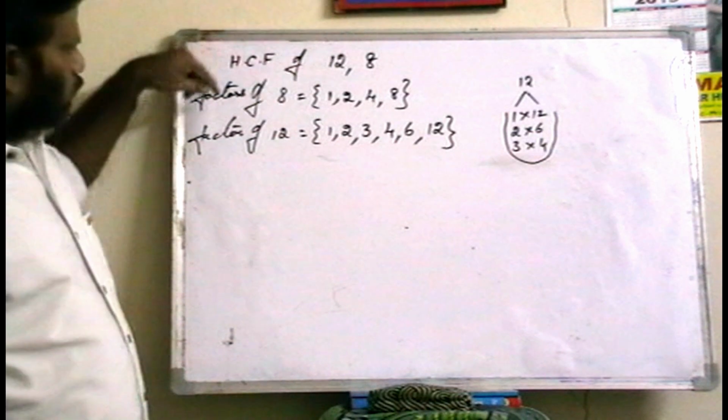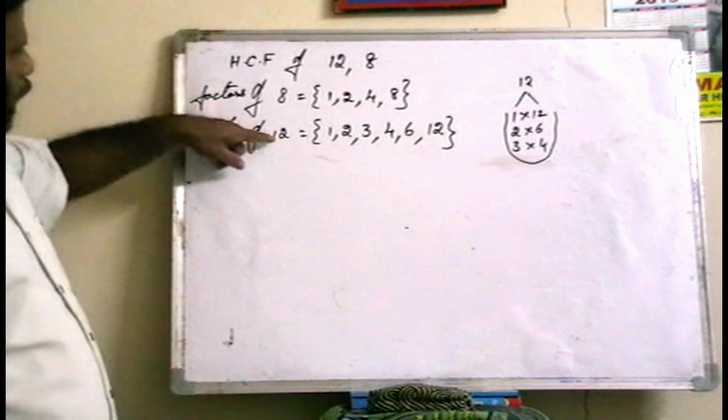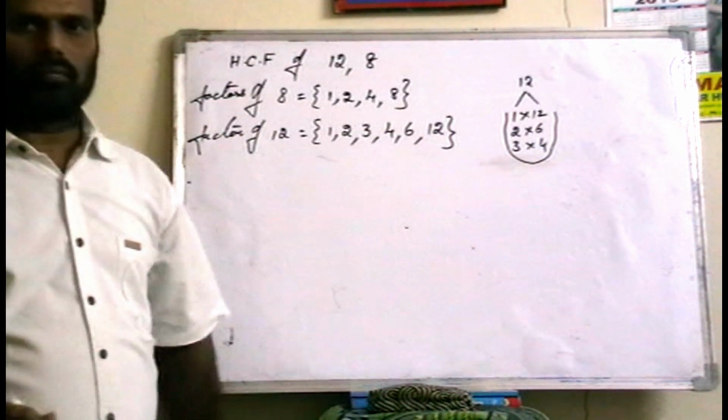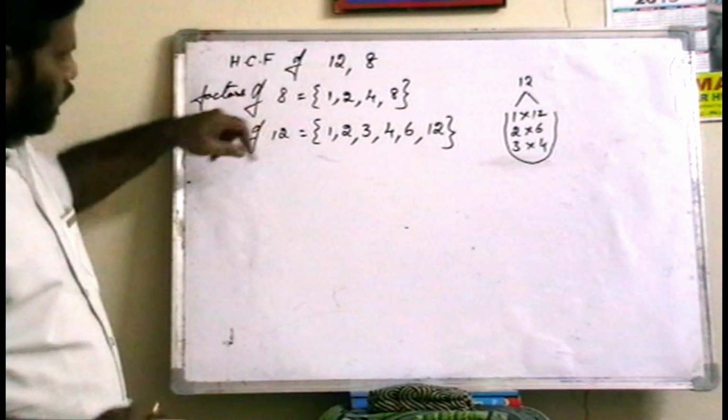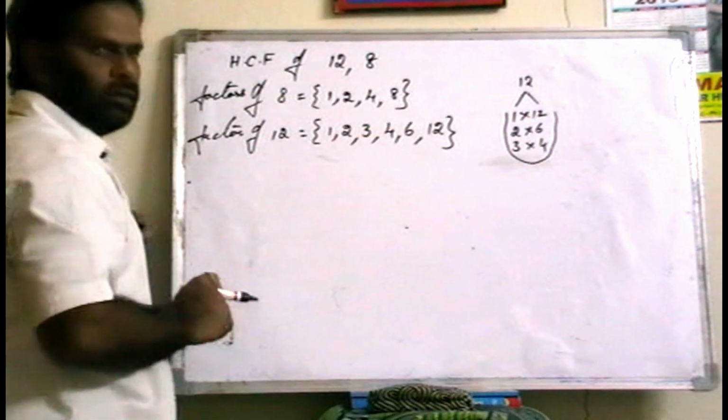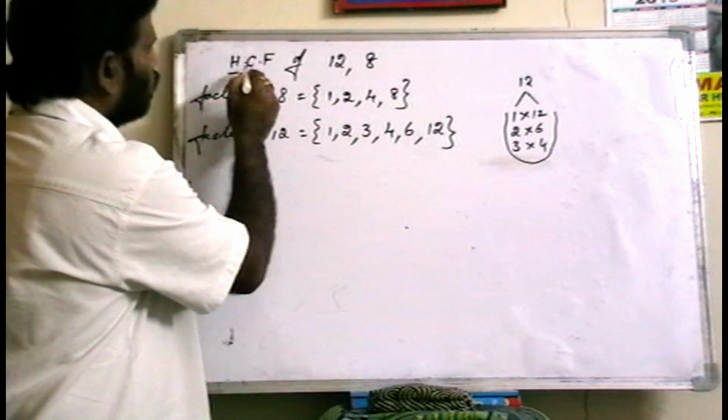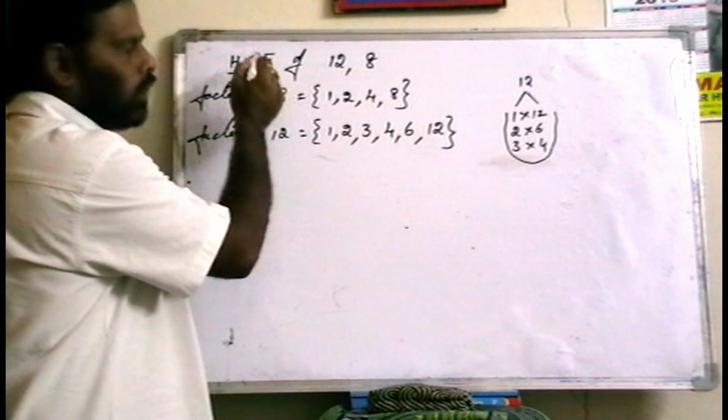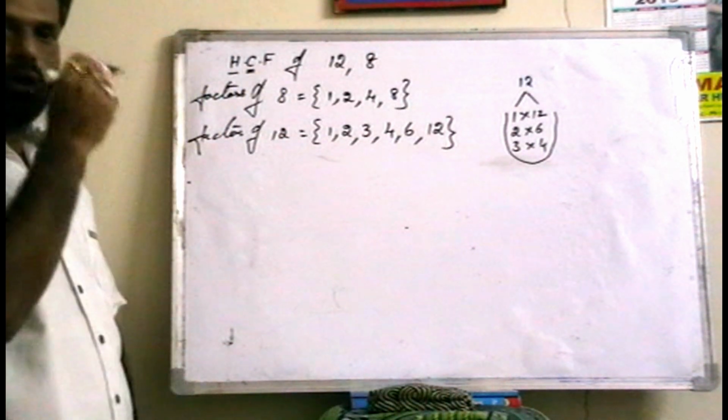Now the factors of 8 are 1, 2, 4, 8, and the factors of 12 are 1, 2, 3, 4, 6, 12. The question is the highest common factor.